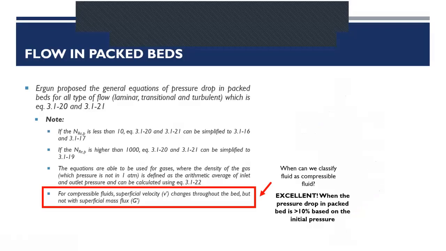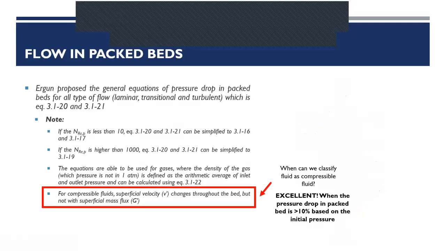For compressible fluid, the superficial velocity changes throughout the bed, but not the superficial mass flux. Now, when can we classify the fluid as compressible fluid? When the pressure drop in the packed bed is higher than 10% based on the initial pressure.